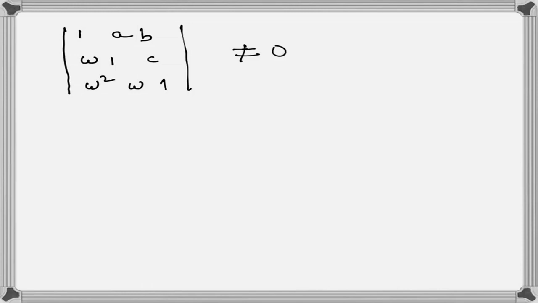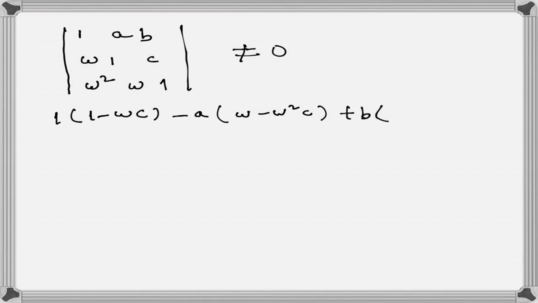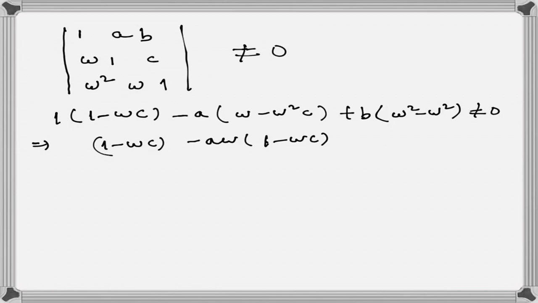So let's see what is the determinant. So this is 1 into (1 minus WC) minus A times (W minus W square C) plus B times (W square minus W square) not equals to 0. This implies (1 minus WC) minus AW(1 minus WC) not equals to 0.